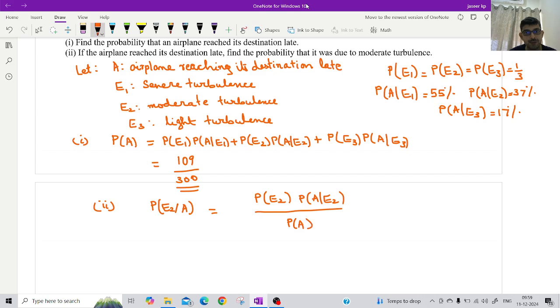Substituting the values, P of E2 is 1 by 3 times P of A given E2 which is 37%, divided by 109 by 300. So the answer will be 37 by 109. This will be the answer for the second part.